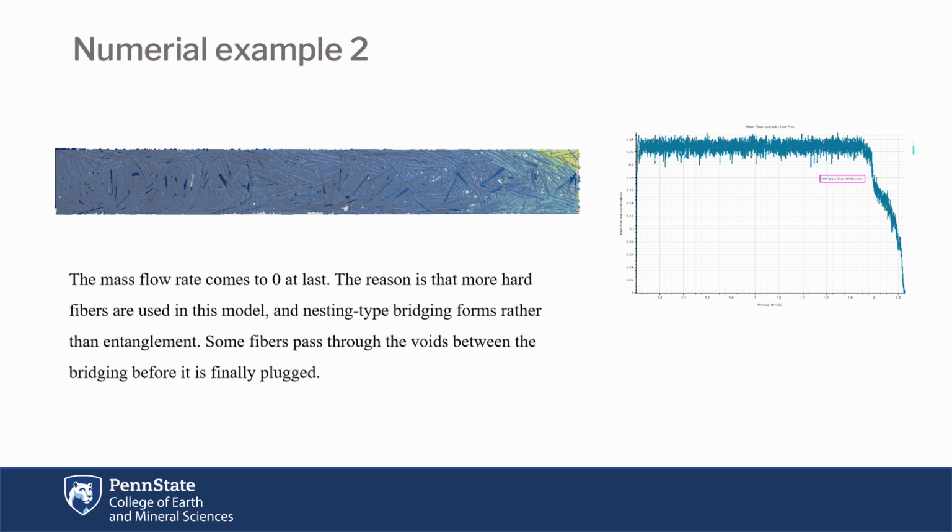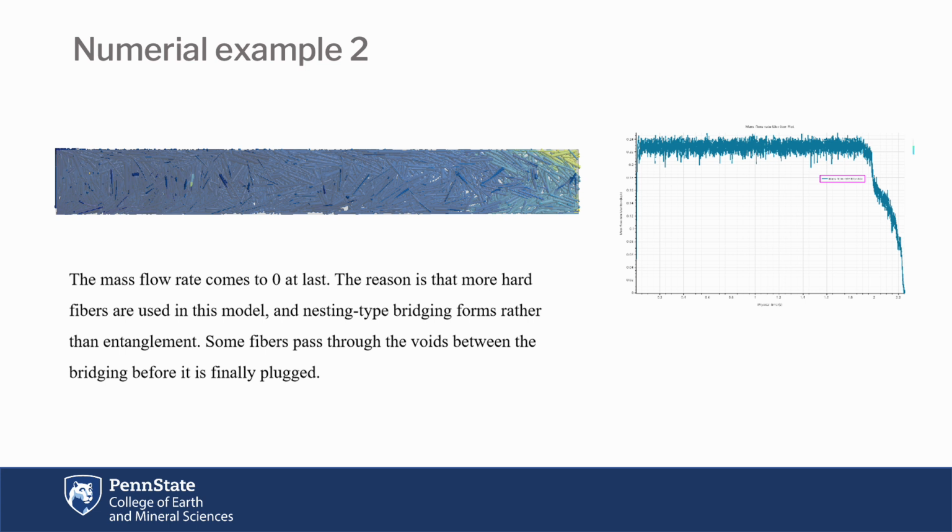The first numerical example is from a journal paper, and this example is the one I reran in STAR-CCM+. We can see that in this example, the mass flow rate also comes to zero at last, but it may take longer than the first one.